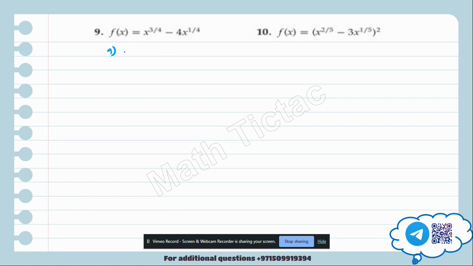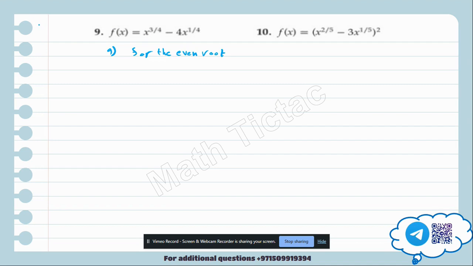So over here, first of all, we have to find the domain. The domain for the even root, because you know in here we have x to the power 3 over 4 minus 4x to the power 1 over 4.